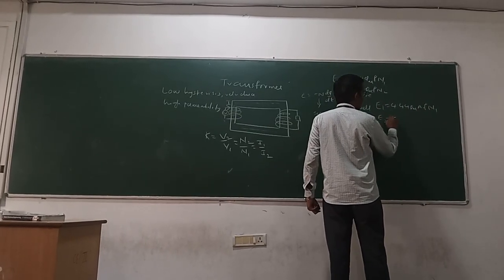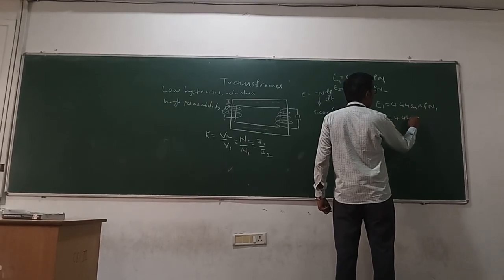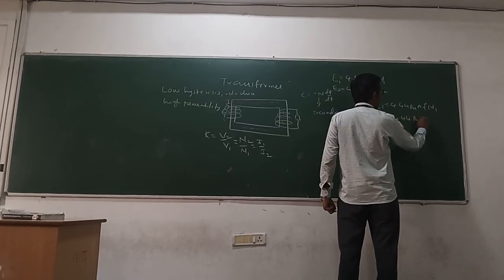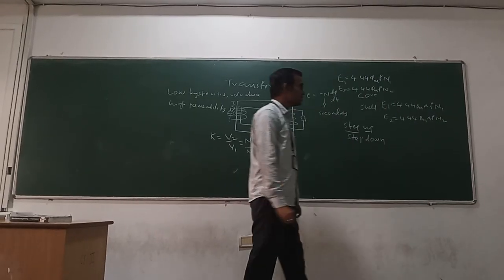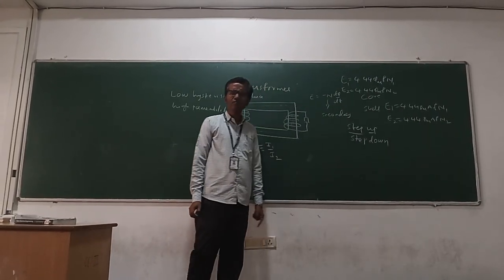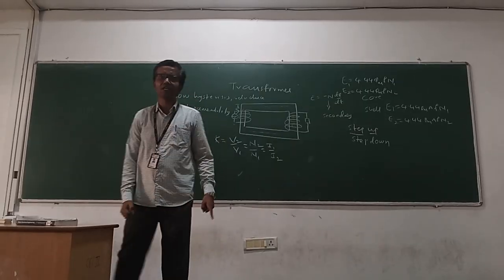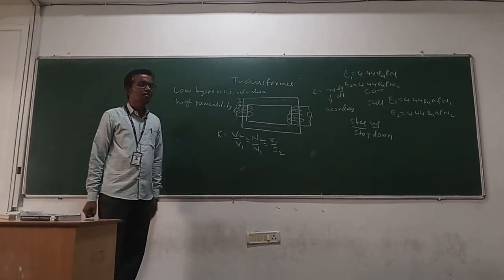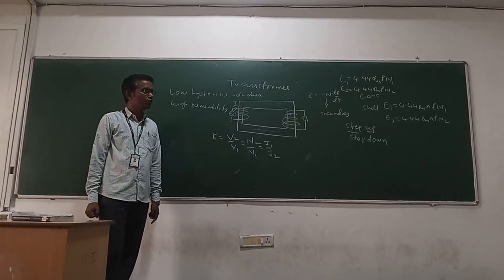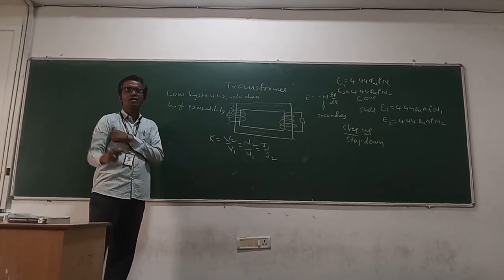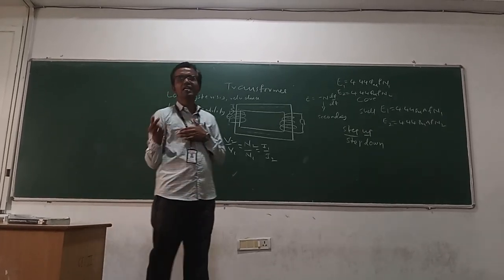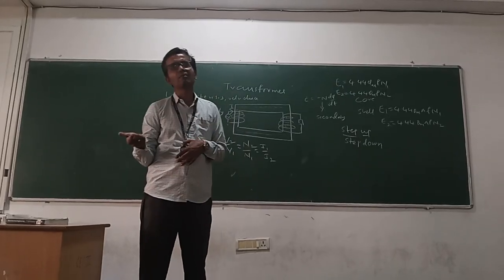Similarly, the E2 value we can write as 4.44 Bm A F N2. So this is the EMF equation of the transformer when we are given the area of the core as well as the flux density. That is about the EMF equation of the transformer, by which you can find out the EMF that is induced.